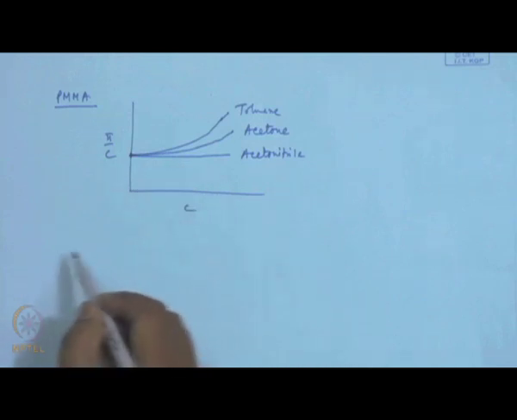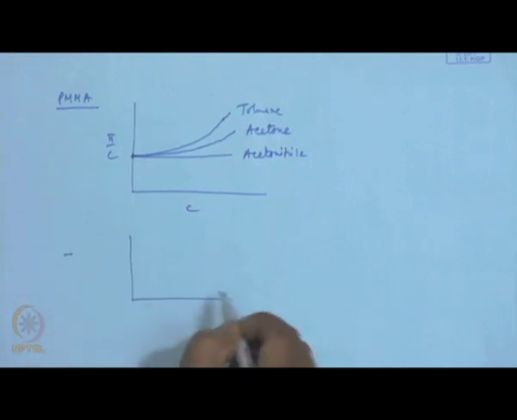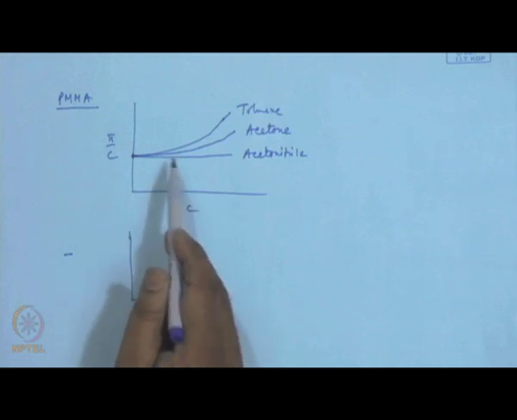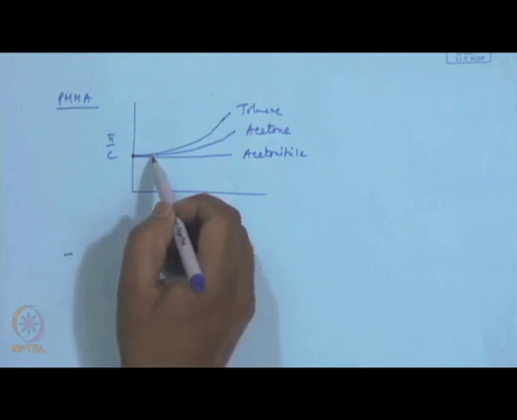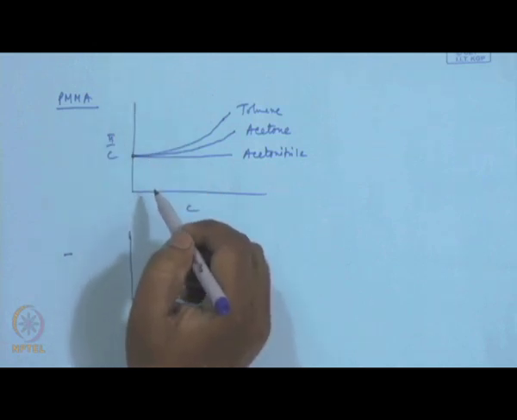We can also determine A2 at different temperatures. From the slope we can get A2, as you can see from the expression.